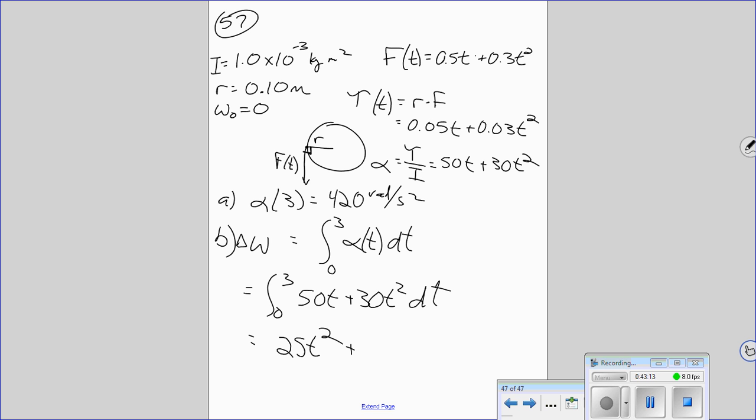Plus 10t cubed, and then I want to evaluate between 0 and 3. So if you evaluate it at 0, you get 0, and evaluate it at 3, you get 500. There's your answer. Make sense, you guys?